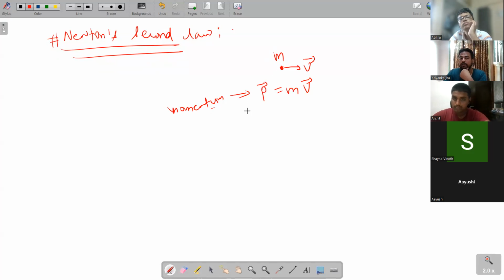So momentum is also a vector quantity because mass is a scalar and velocity is a vector. Now you can very easily define the units and dimension of this because you already know how to define units and dimension. So momentum is mass into velocity.